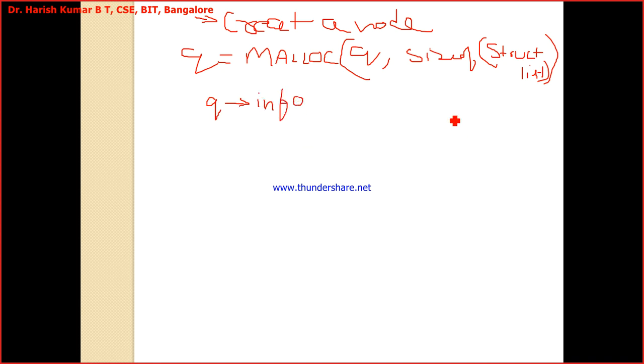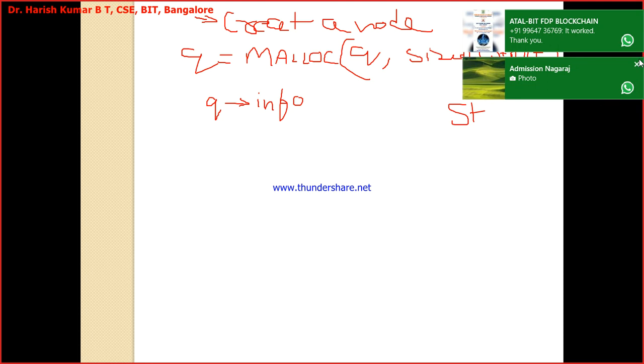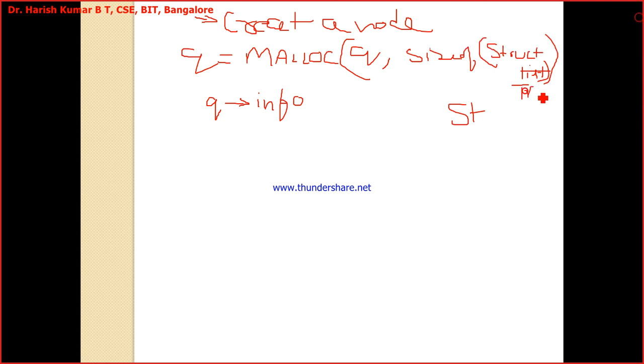If you look into the structure, struct tree, let me write it as tree instead of list, otherwise you'll be confused. Now I'll just show you: int, one is the info field, the other two are pointers to itself.